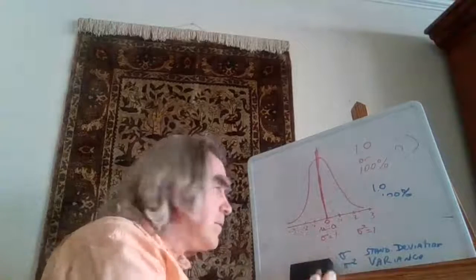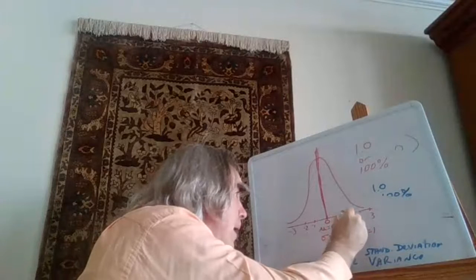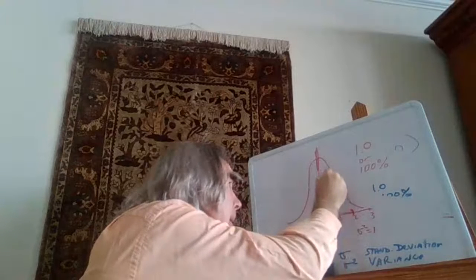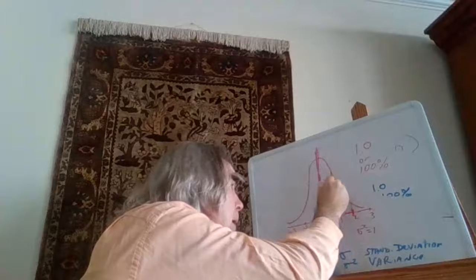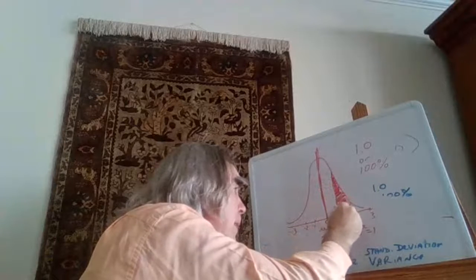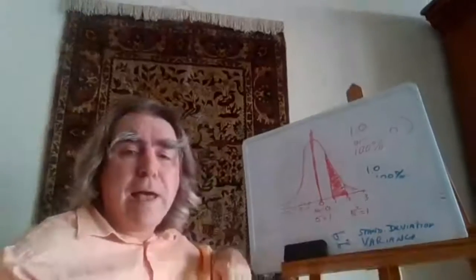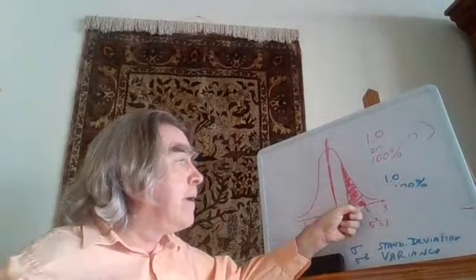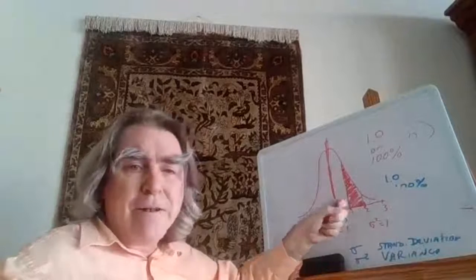So if I ask the question, what is the probability of being between 1 and 2? Could be a straight line up. The probability of getting a result inside of that interval is the area under the curve of that interval.